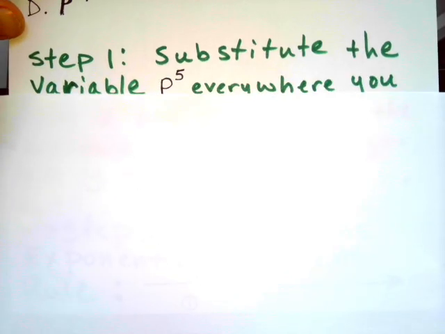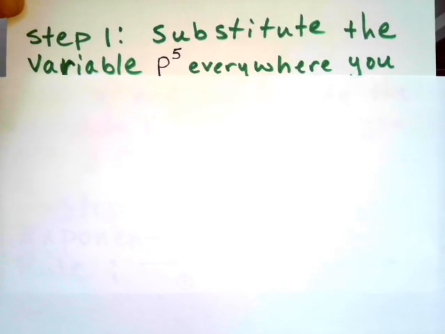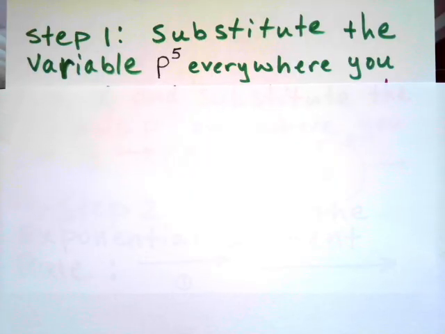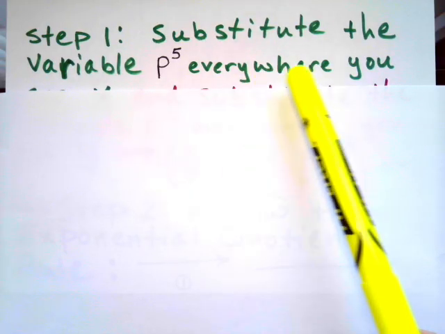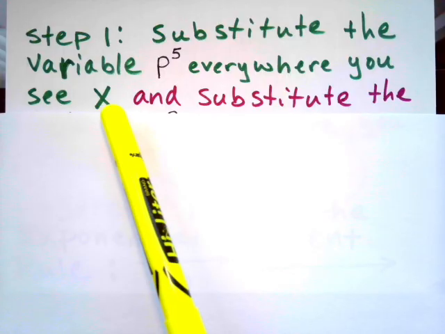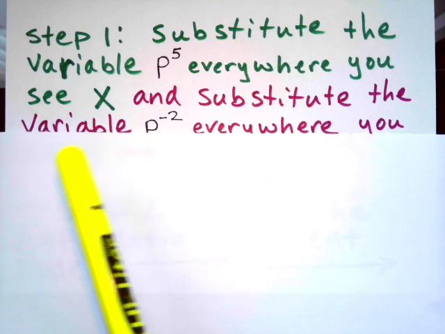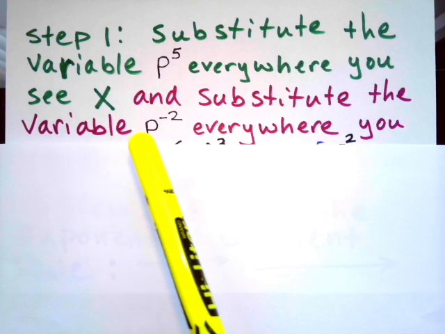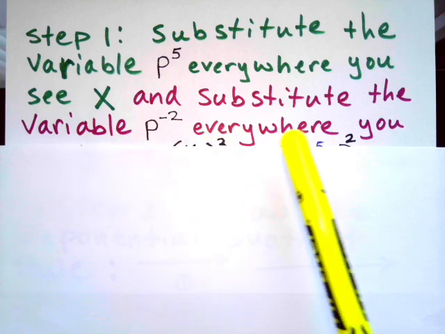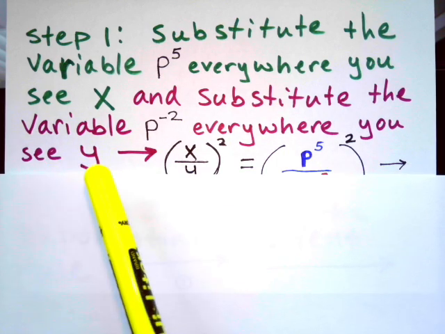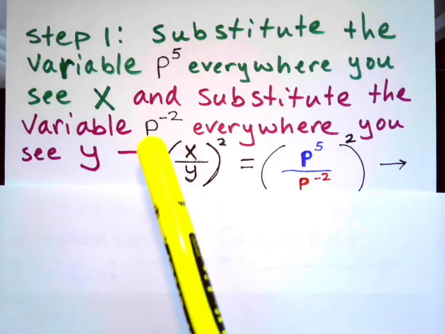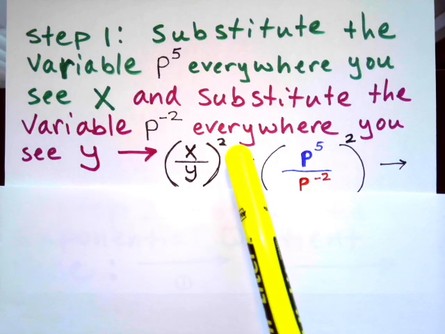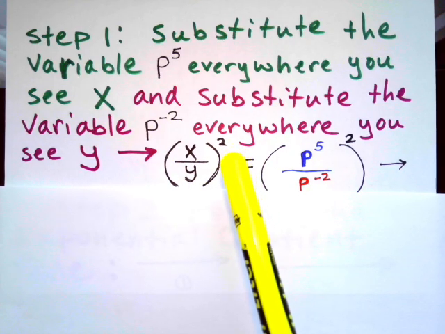So step one, we are going to substitute the variable p to the fifth everywhere you see x, right? And then we'll substitute the variable p to the negative 2 everywhere you see the y. So here's the original expression, x divided by y raised to the second power.